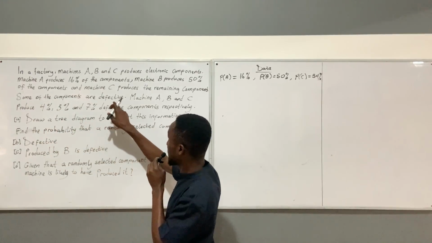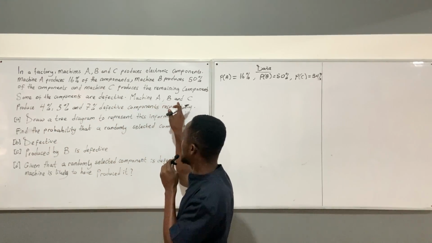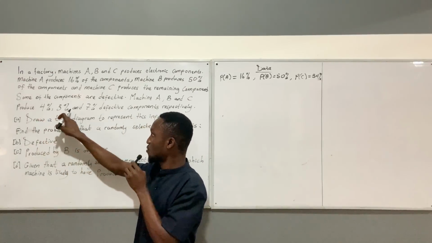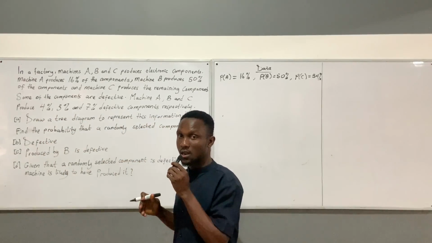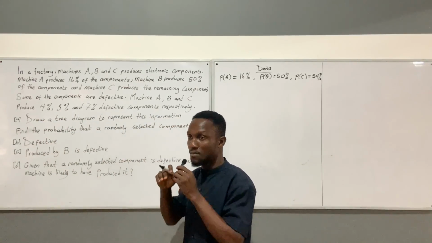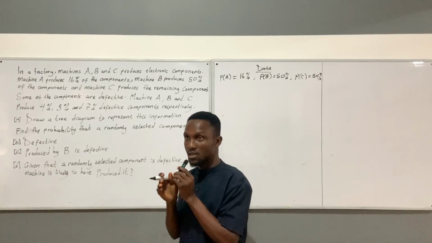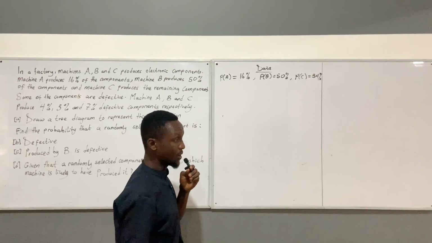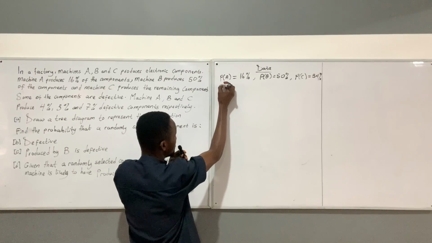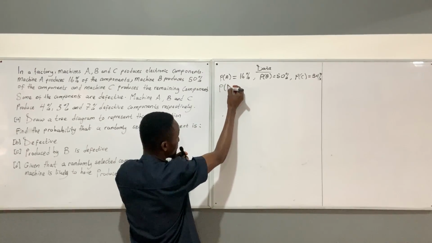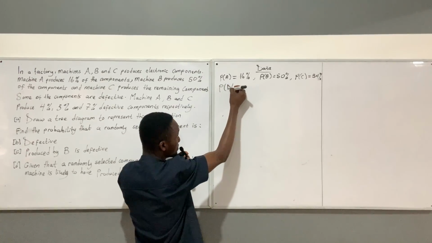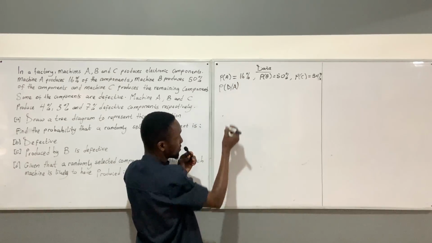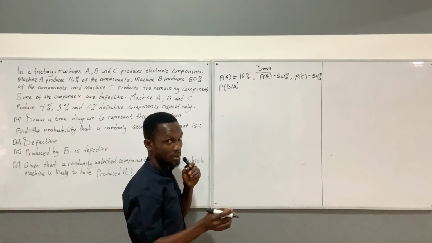Now, watch, he gave us the defectives. Some of the components are defective. Machines A, B, and C produce 4, 3, and 7% defectives. Now, listen carefully. We know that when the machine was producing the components, it generated some defectives. So we write this as the probability of the defective given A has occurred. When you watch the introduction, you understand.